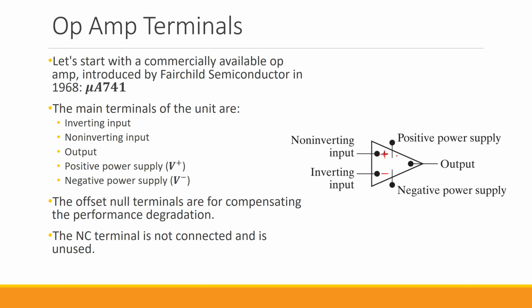As you can see, we don't have any positive or negative sign for these two, because we don't want to confuse you or ourselves with more positive or negative signs than necessary. But usually the common practice is that the terminal on top is representative of the positive power supply, and the one at the bottom of the op-amp is representative of the negative power supply terminal. And finally we have this output terminal as well.